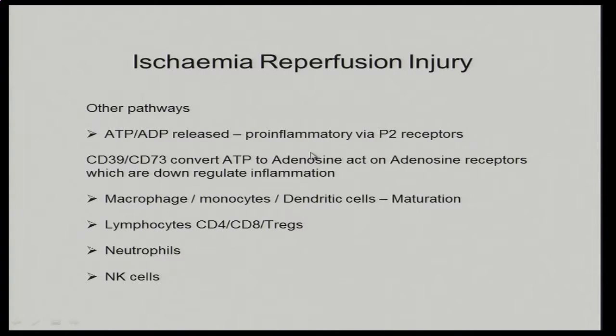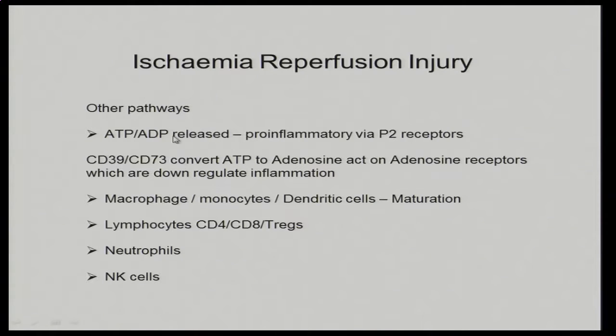Also to say that the release of ATP, which is in fact through necrotic cells and so forth, is pro-inflammatory, and so acts through other pathways through these P2 receptors. And there are protective pathways through CD39 and 73, which convert ATP to adenosine, and adenosine acts on adenosine receptors which down-regulate inflammation.